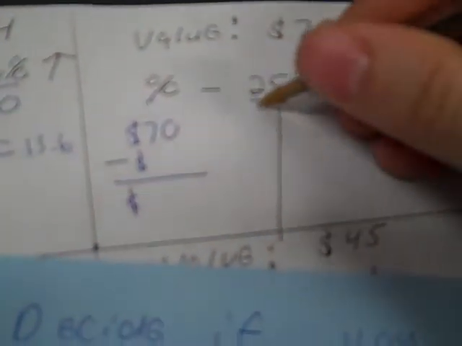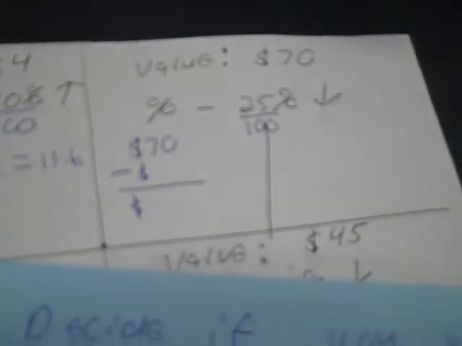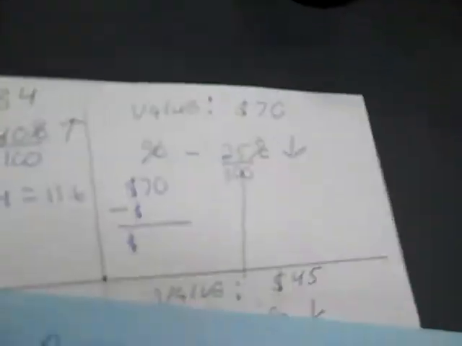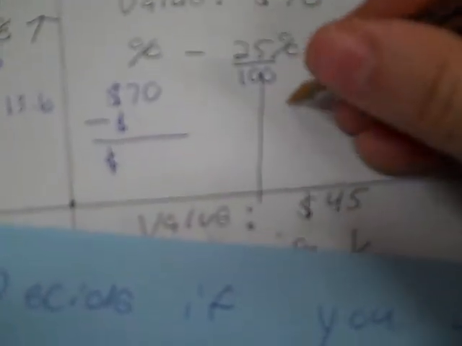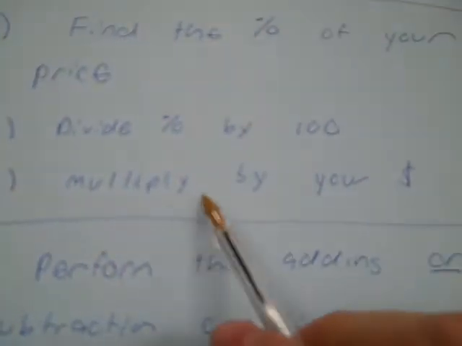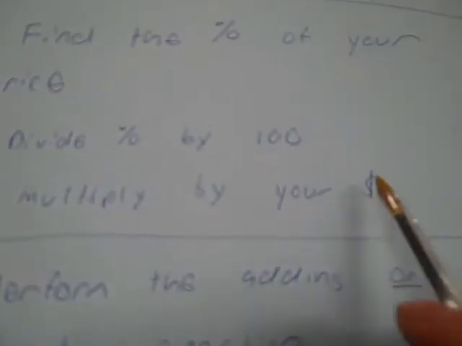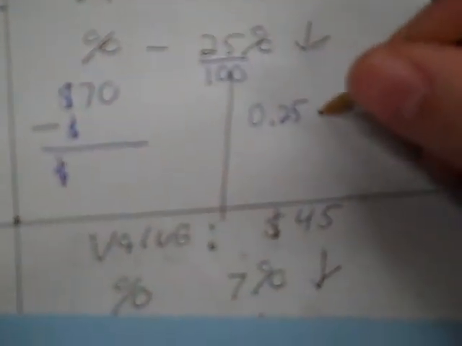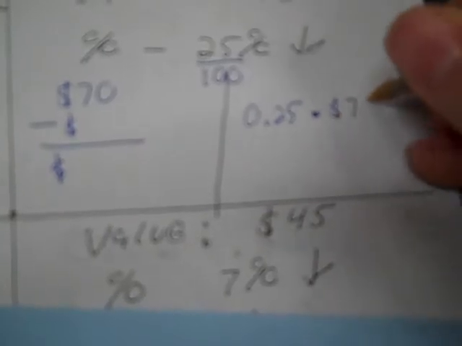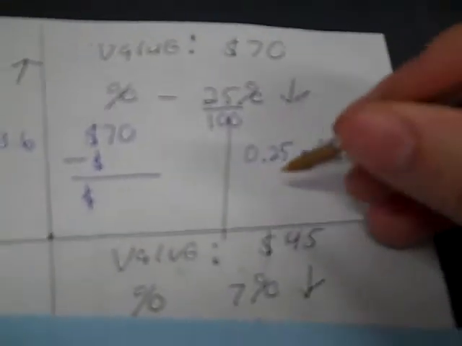So I divide 25 by 100, 0.25, and then I multiply that 0.25 by your money amount, so times 70. Okay, so I take 0.25 times 70, and that's going to be 17.5.